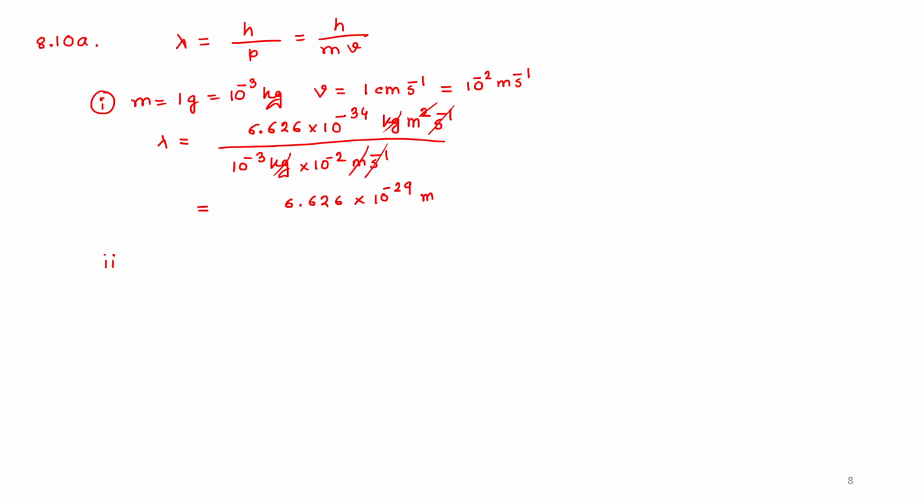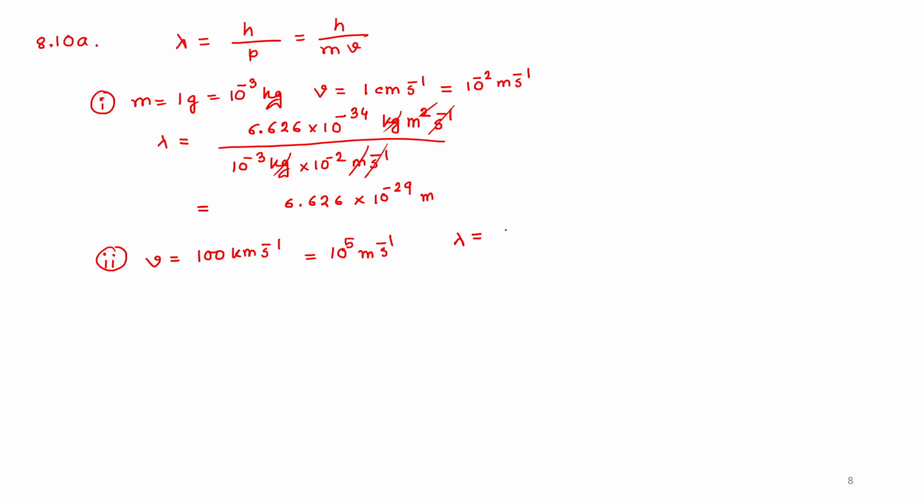But what if the velocity of the same mass becomes 100 kilometer second inverse? So that is actually 10 to the power 5 meter second inverse. I don't think there would be much change, but let's see.